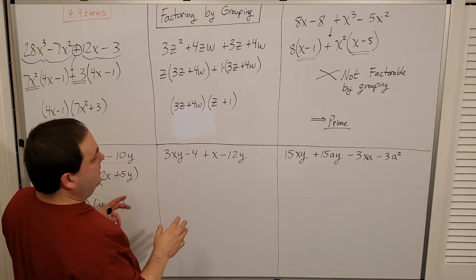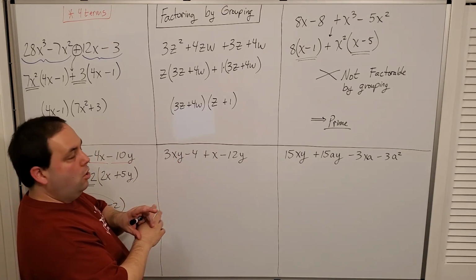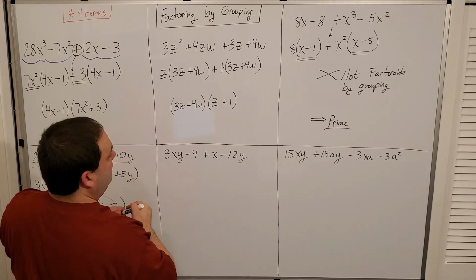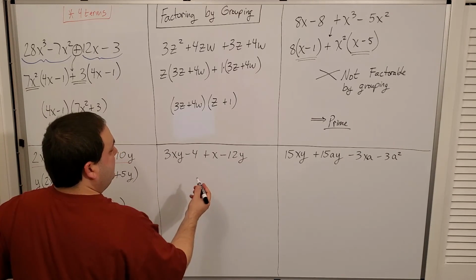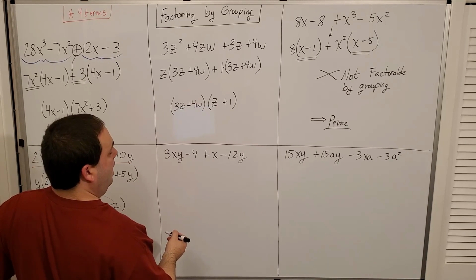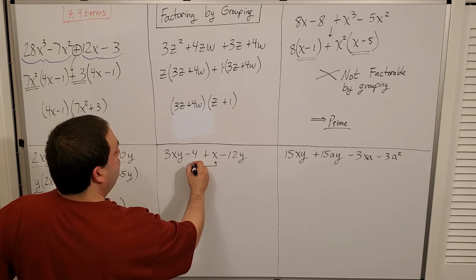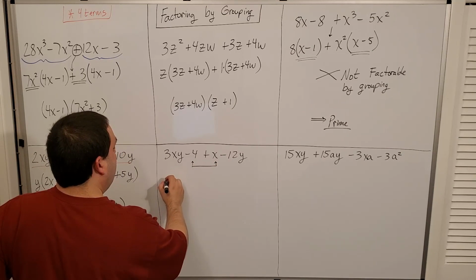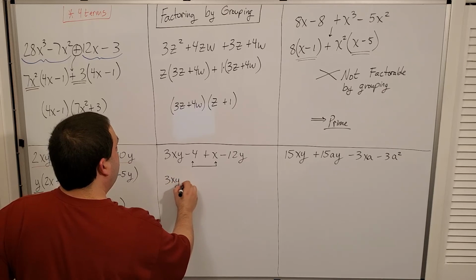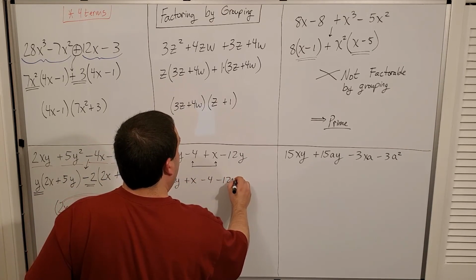It probably means I need to move some stuff around and try to make this work a little bit better. So let's put together some things that do have some things in common. For example, what if I swap these two terms here? It would look like this: 3xy plus x minus 4 minus 12y.